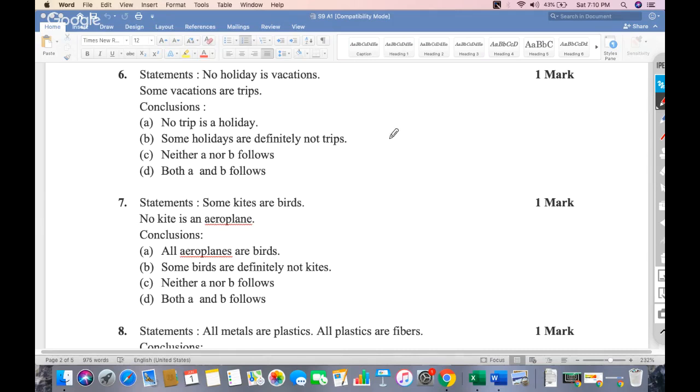Question number 7 is something like this. Some kites are birds. So these are kites and these are birds. No kite is an aeroplane. Now the aeroplane can be anywhere.